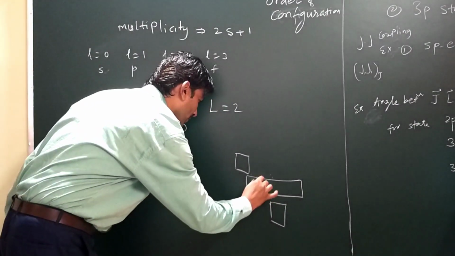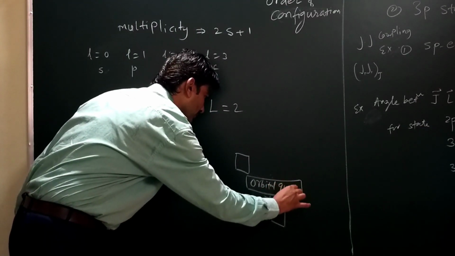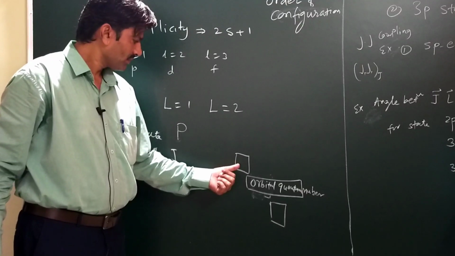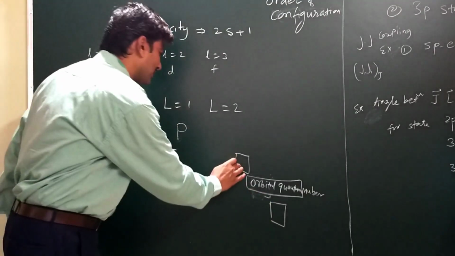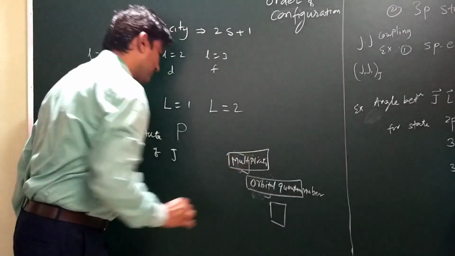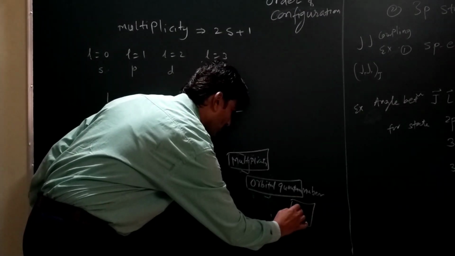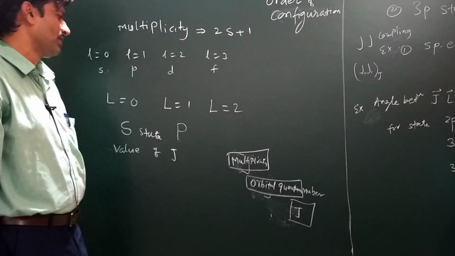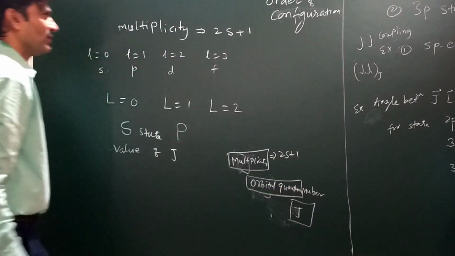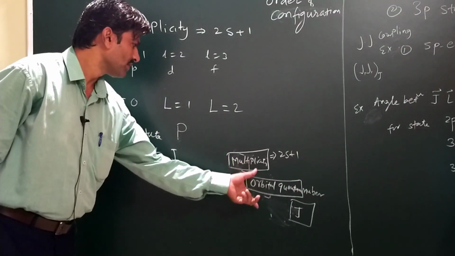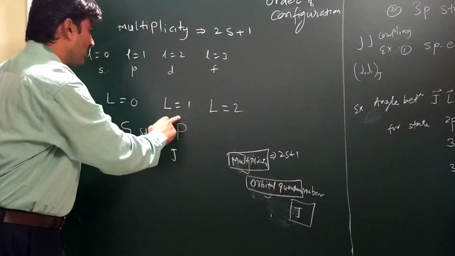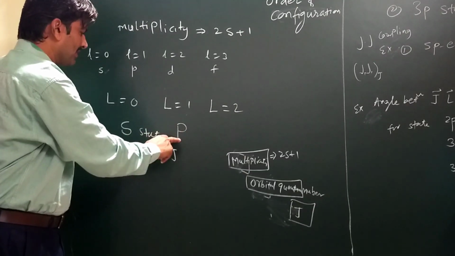There are two values that can be used: one is the superscript and the other is the subscript. The superscript is the value of the multiplicity, and the subscript is the value of J. So multiplicity is represented by 2S plus 1, and the term symbol is written with the letter determined by the value of L, which gives the capital state of the electron.